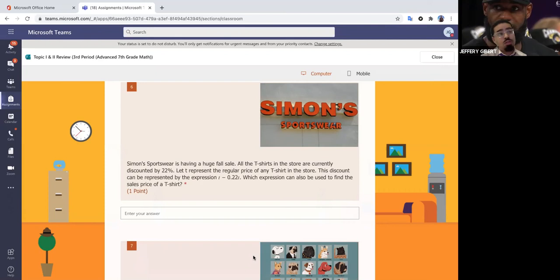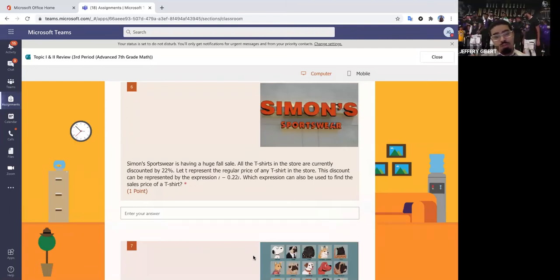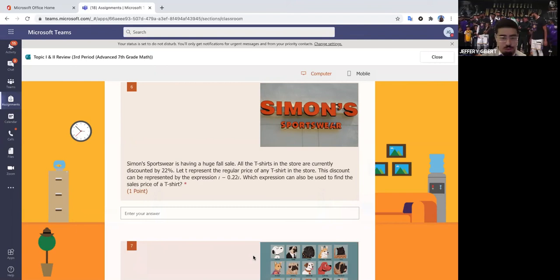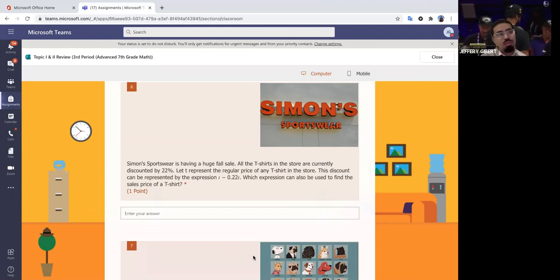On the other one, when it was x plus 0.50, we did 1 plus 0.50. So if you have t minus 0.22t, if you had a guess, what do you think you're supposed to do? Subtract the 22 from 1. Yes, that's correct.